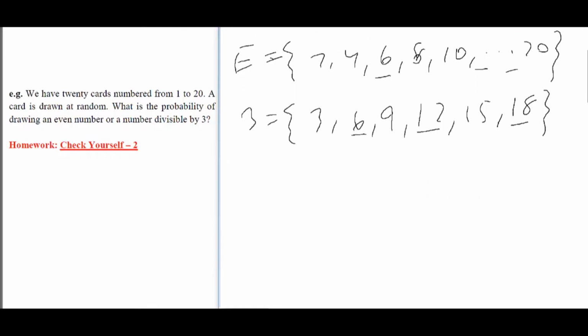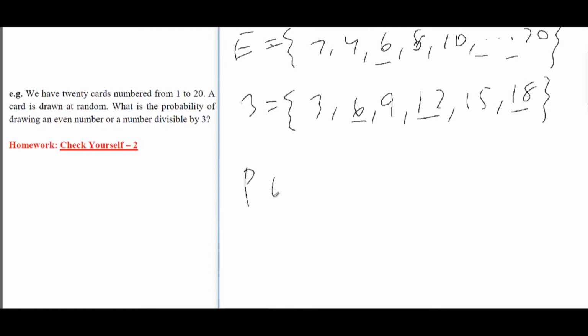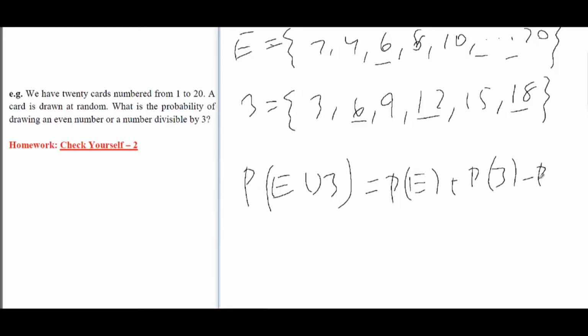What was that formula? The probability of E union 3, as the question asks for the probability of an even number or a multiple of 3, so or means union, is equal to probability of E plus probability of 3 minus probability of E intersection 3.